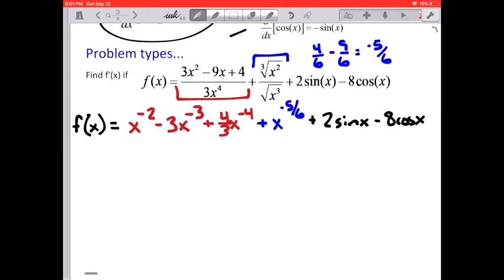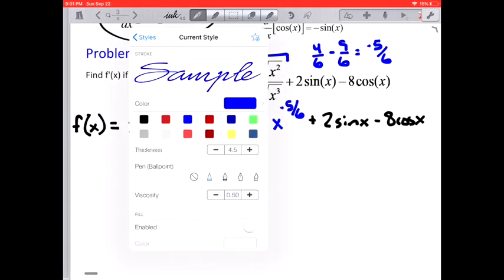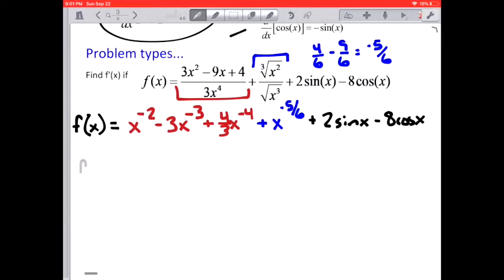Now I go through and apply the power rule and the derivative of trig functions. You don't know chain rule yet.